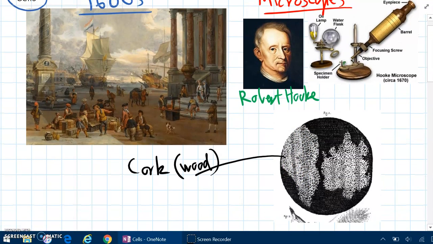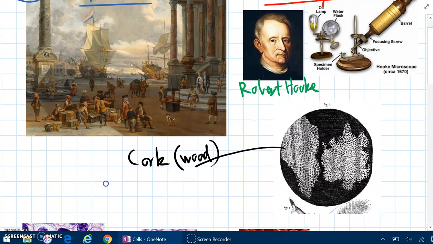And when he kept looking at lots of different living things, he kept finding these different sections. And he published it in a book, and the book was amazing. It was a bestseller because for the first time, people discovered that living things are made up of these tiny building blocks. And he called these things cells.